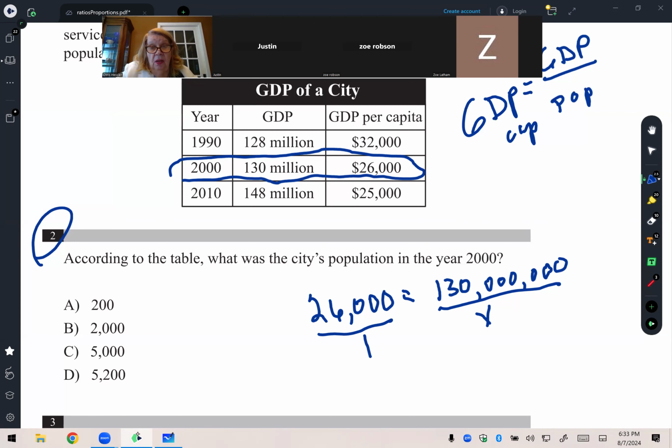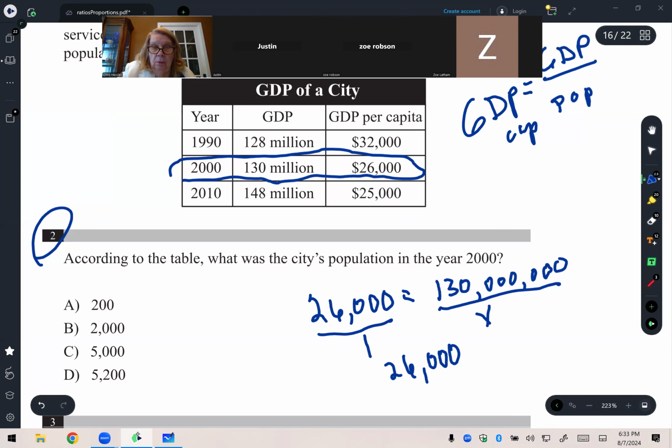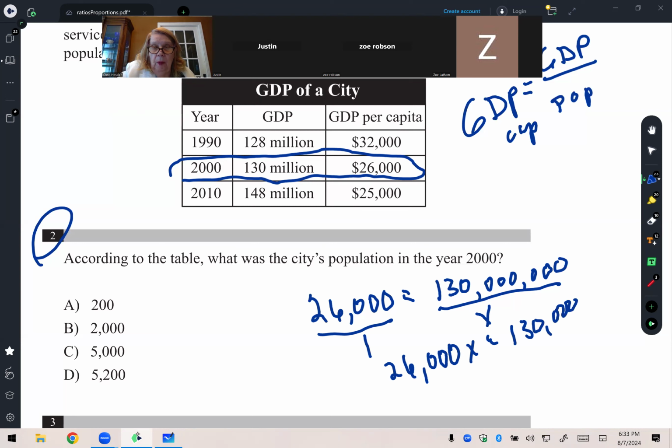So if you cross multiply this, you're dividing, and you should get answer choice C.